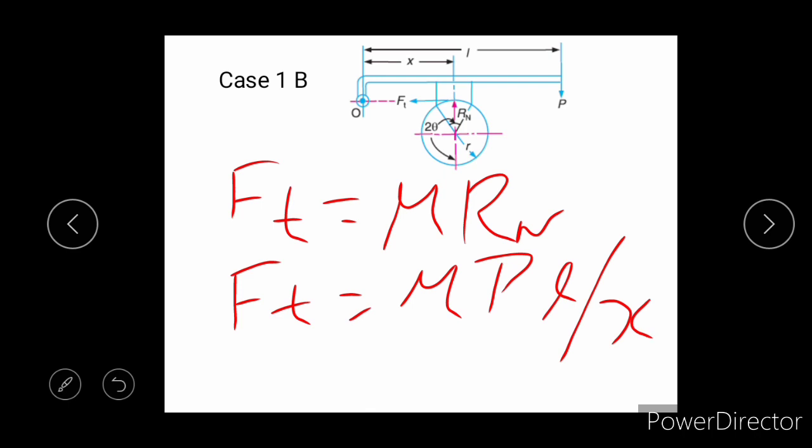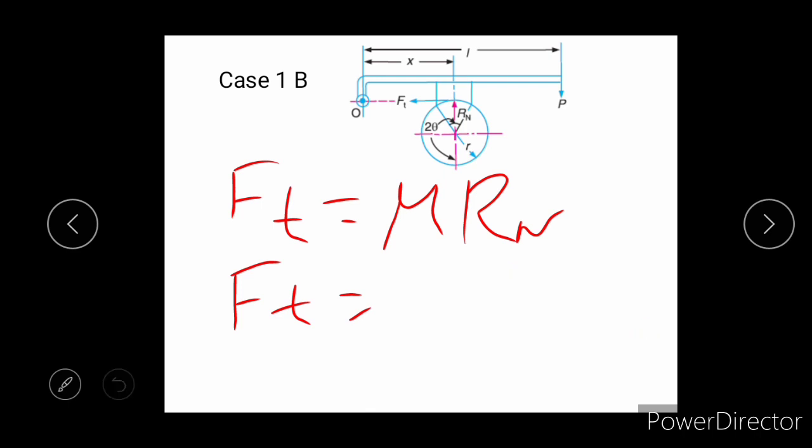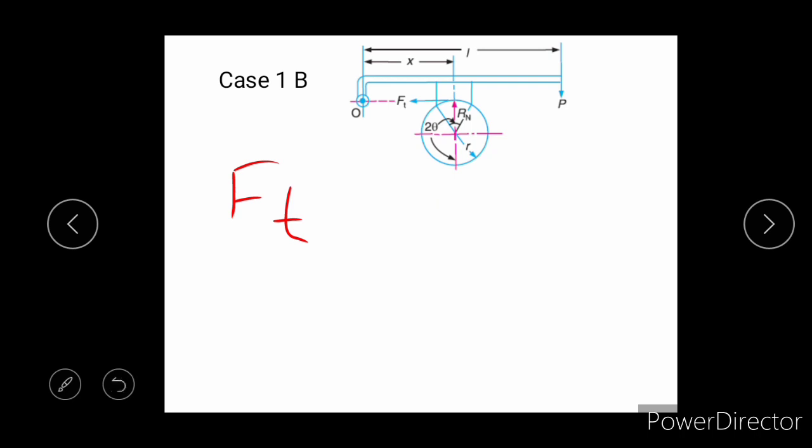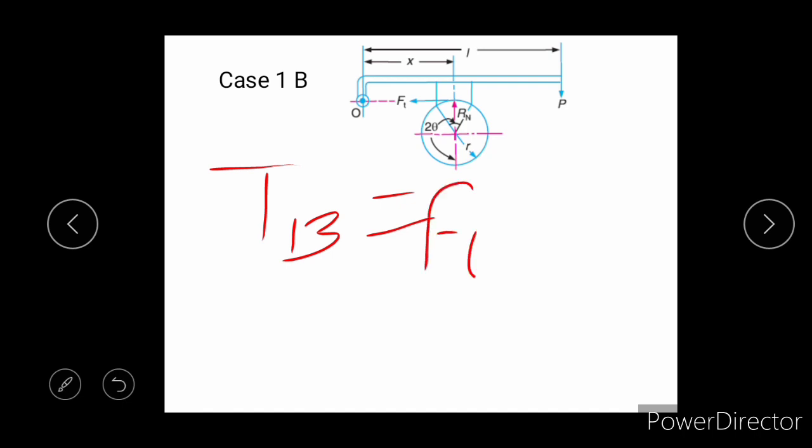Now if you talk about braking torque, TB, what is it equal to? TB is equal to Ft into small r, where small r is the radius of the wheel. Put the value of Ft, that is mu PL upon x. So mu PL upon x into r will be the braking torque.